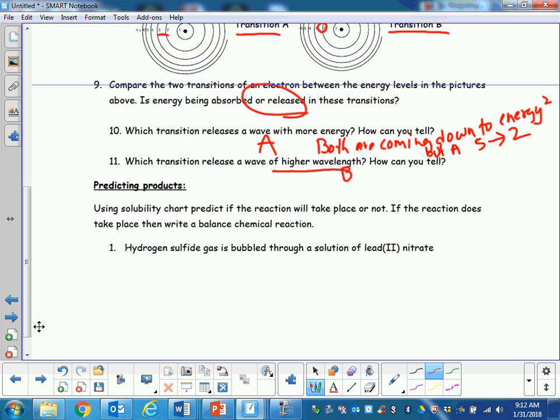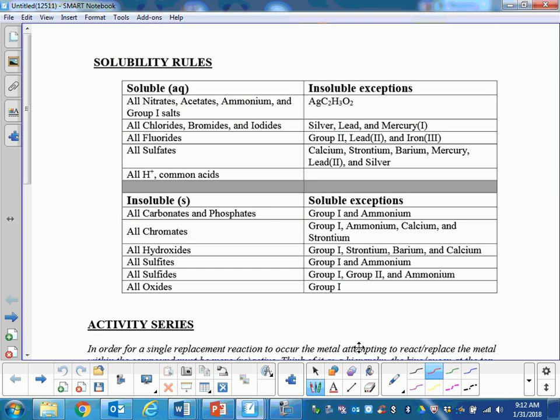Alright, now, all of you remember we did the solubility chart? Do you remember this? You should have this. You will be provided this for the test. When do double replacement reactions take place? A double replacement reaction will take place depending on the product, not the reactant.